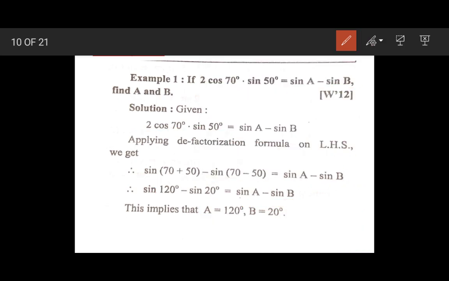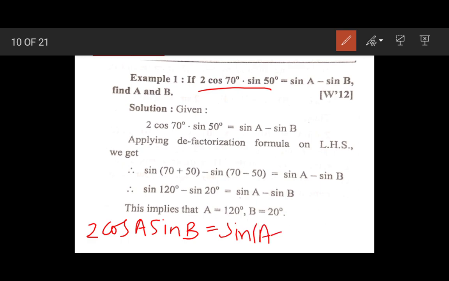Okay, clear? 2 cos 70° sin 50° is given exactly in the form 2 cos a sin b, and by the defactorization formula that is equal to sin(a+b) − sin(a−b).